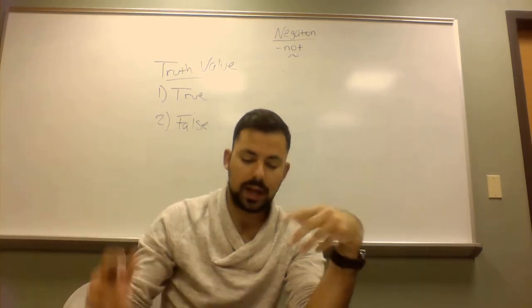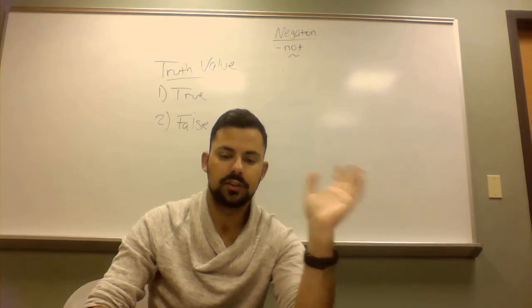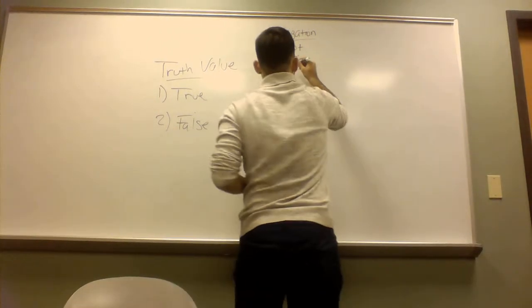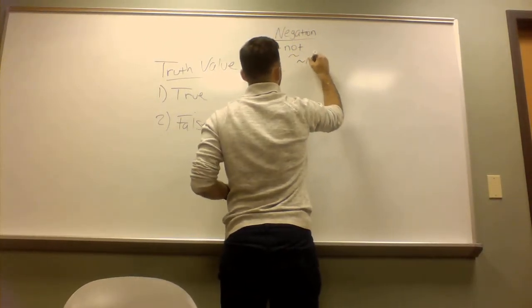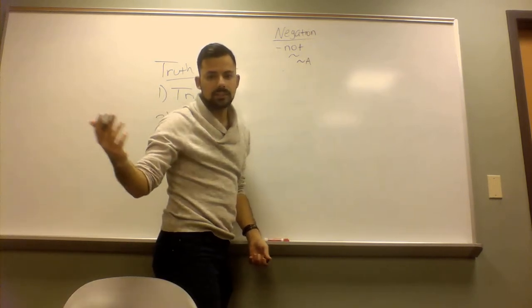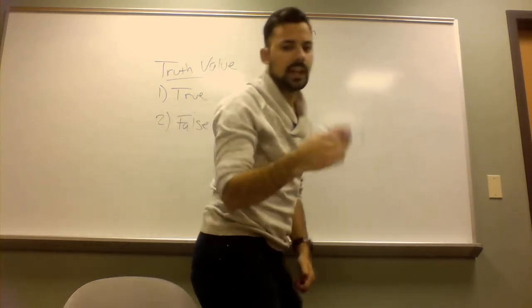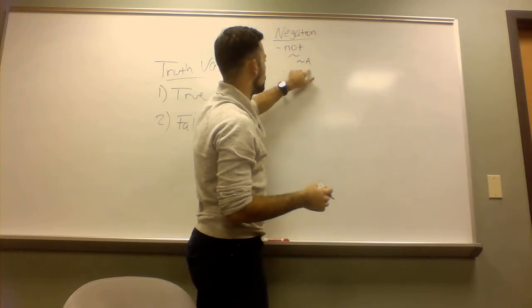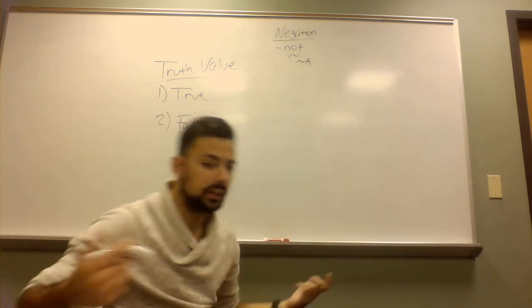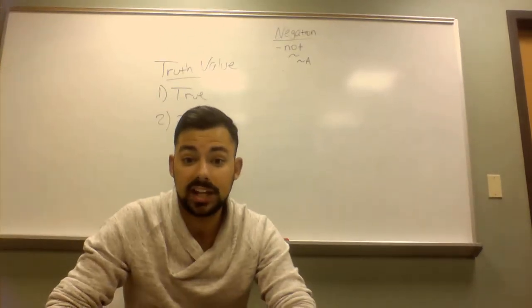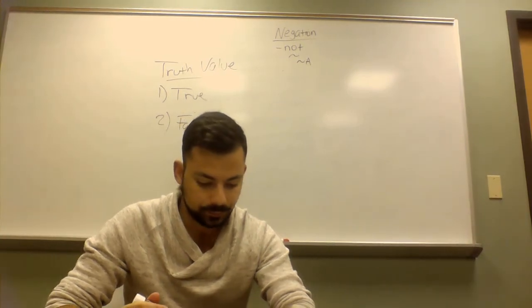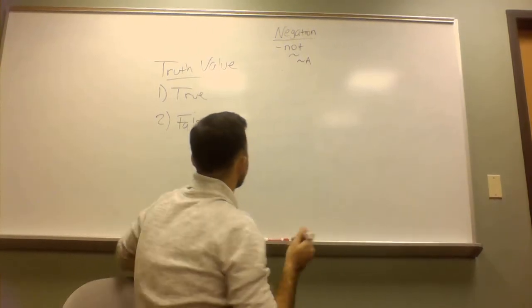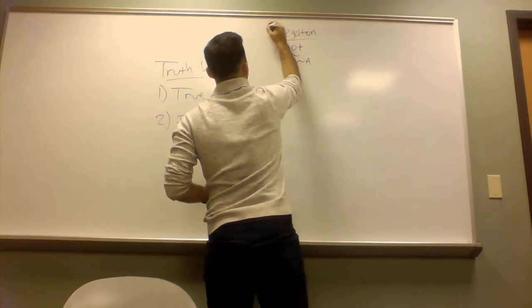We will translate all negations as not. Something like this, we would just say not A. Remember that will change the truth value of A depending on what truth value has been assigned to A anyway.